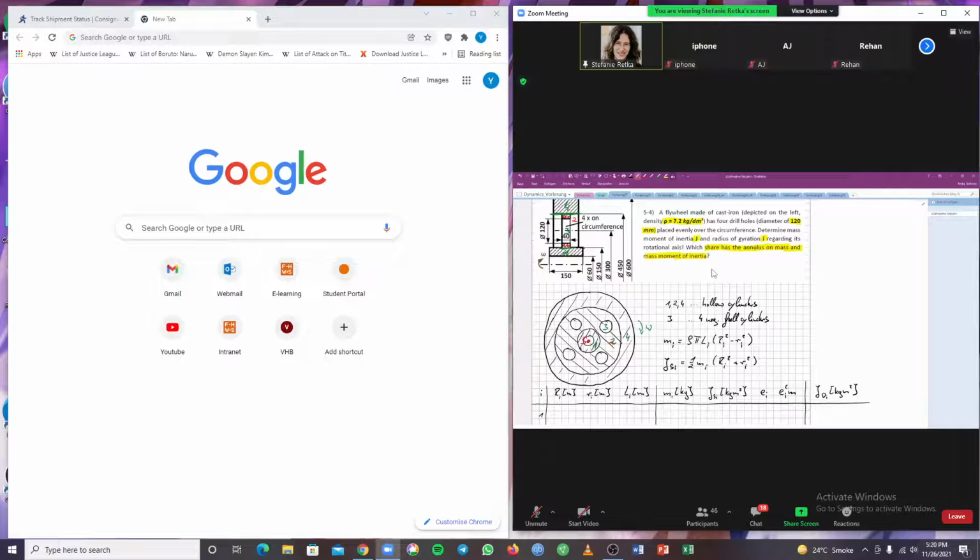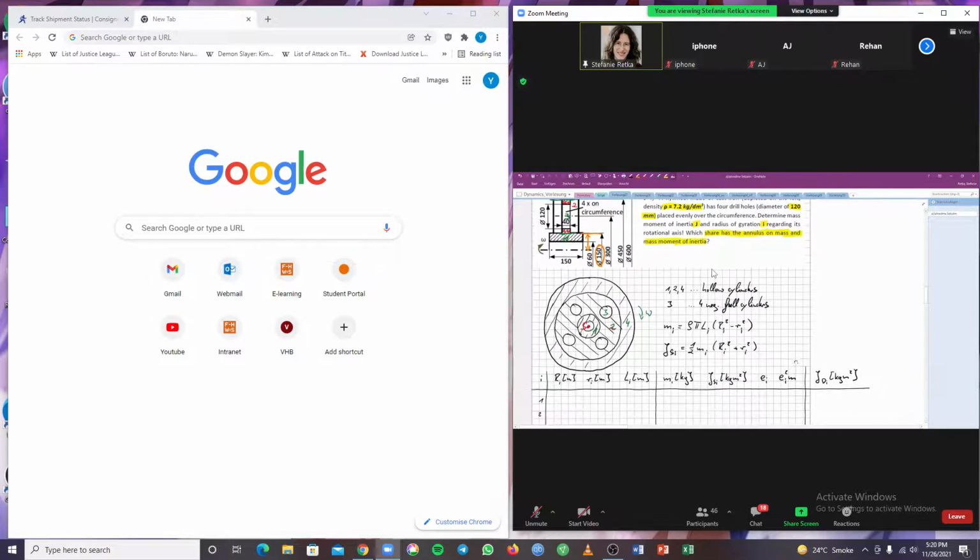So the outer radius is this distance right here. That's the radius, given as the diameter, in millimeter. It's a technical drawing. The dimensions are given in millimeter. We convert it to meter, and we compute the radius. So it's 0.075.